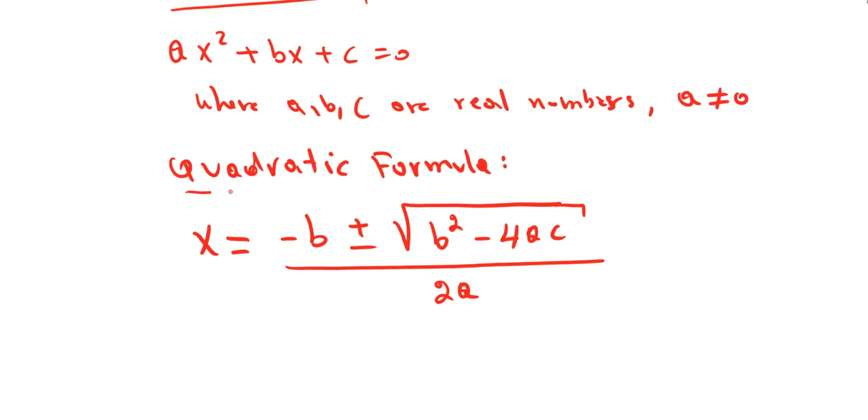This is called the quadratic formula. The quadratic formula is used to solve any quadratic equation. There are other ways of solving quadratic equations, but if you use the quadratic formula, you will always get solutions.